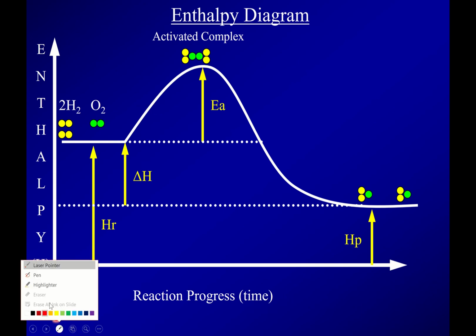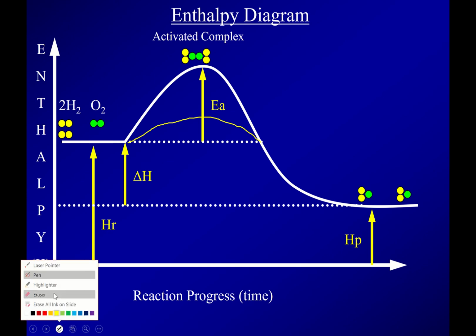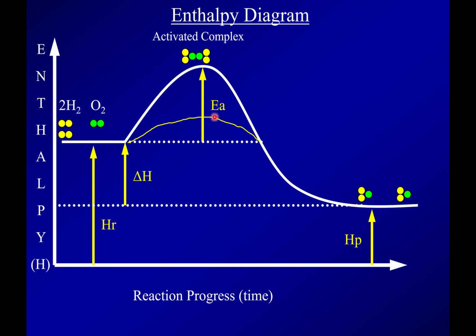Let's say, for example, we had a lower activation energy. That will produce a faster reaction, and here's why. It's not that the molecules themselves can get up and over the speed bump faster. Not that one molecule can get up and over faster. It's that now more molecules have enough energy to get up and over the speed bump.